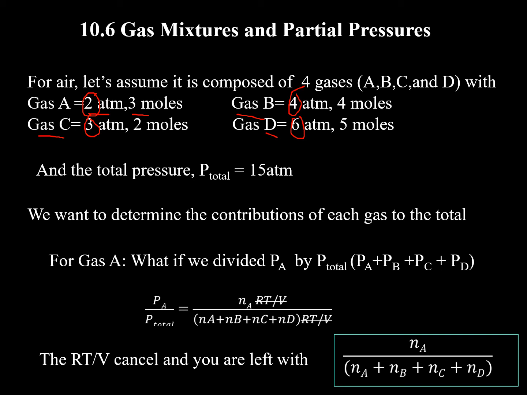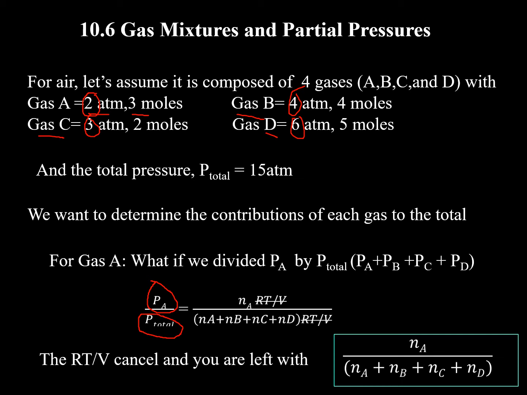We just showed in the previous slide how we can take out a common factor of RT over V. If I wanted to find the mole fraction, so this is a new idea, if I took the partial pressure of gas A and I divided it by the total pressure, we would come up with this expression.